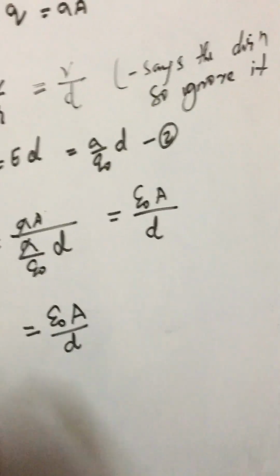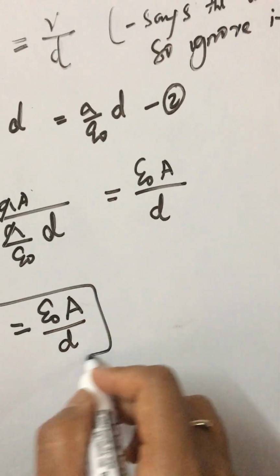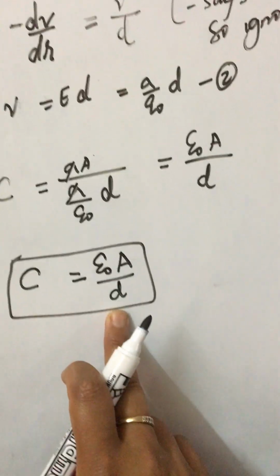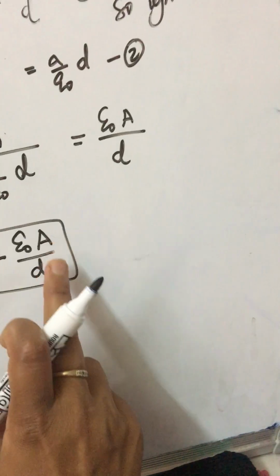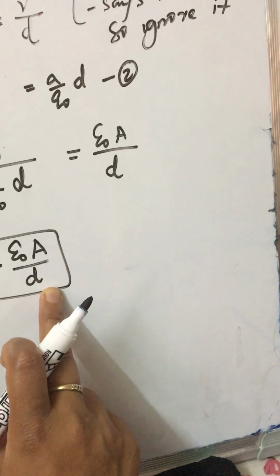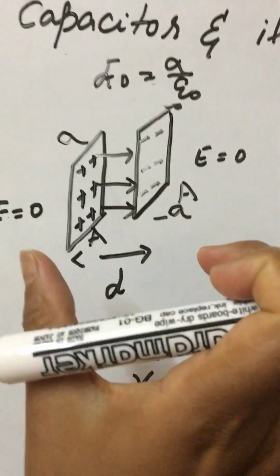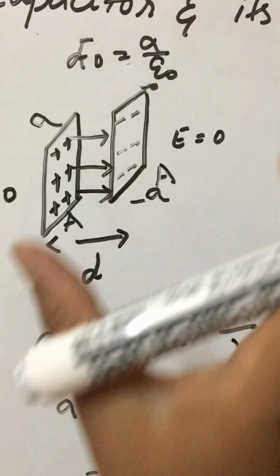This is the information we get about the parallel plate capacitor. The dimension of the plates and how they are kept is very important in determining its capacitance. Thank you.